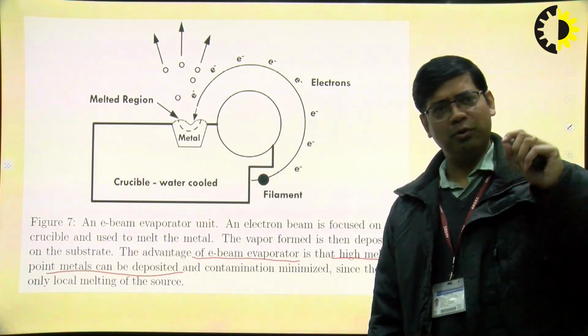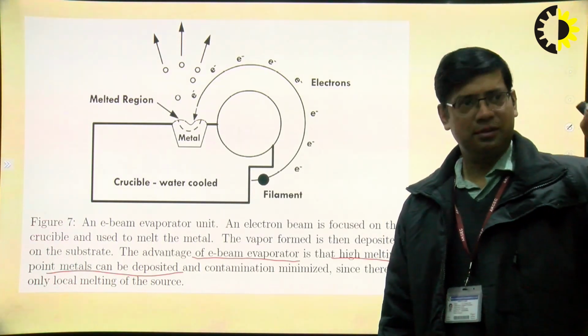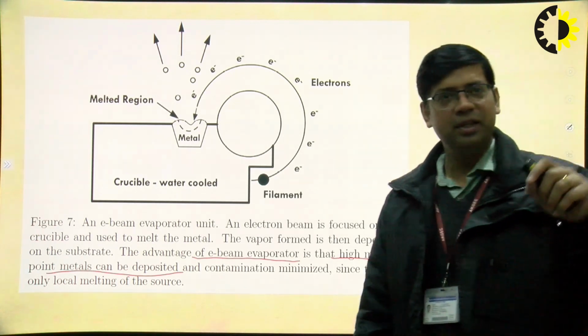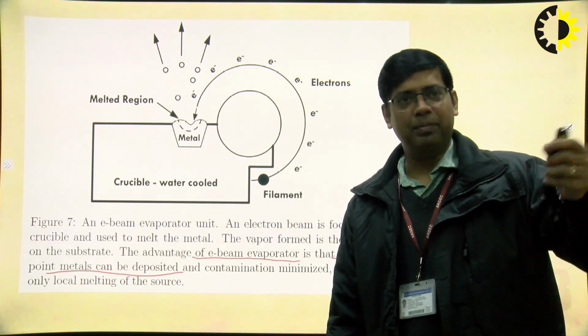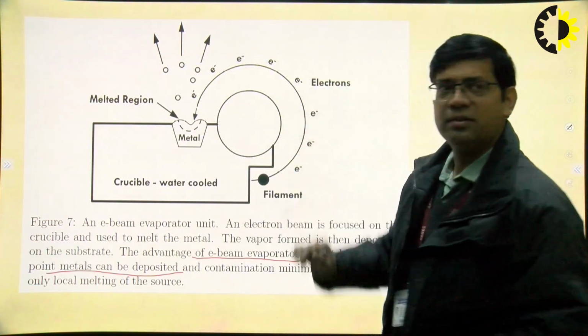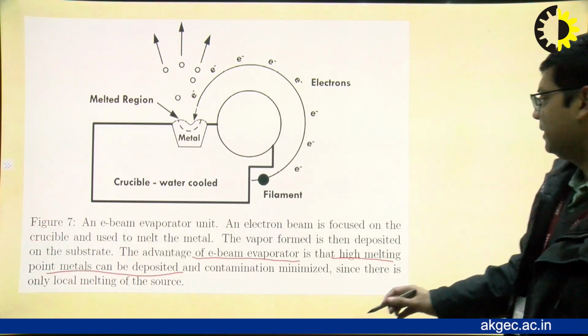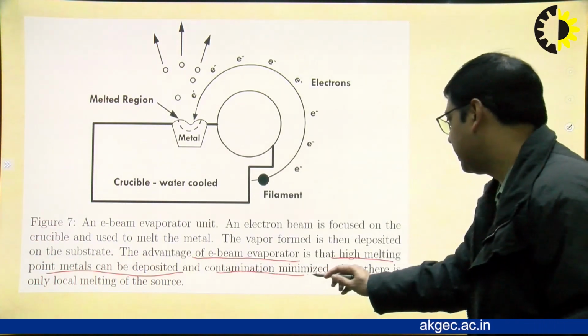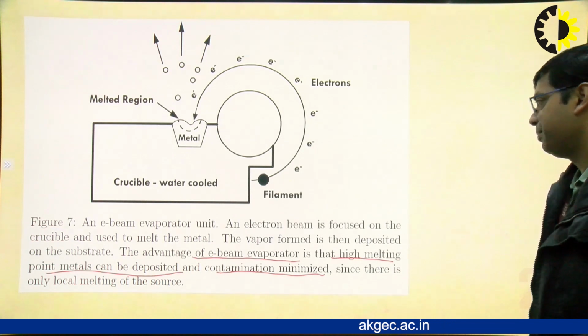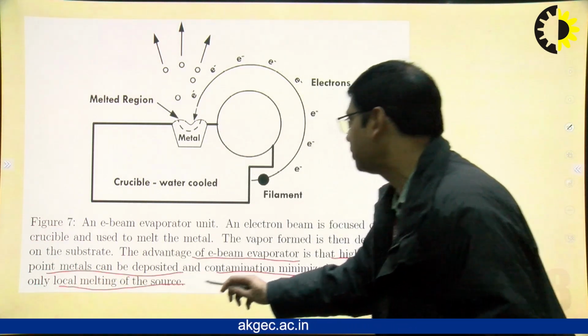Also, with the help of electron bombardment, the solid metal can be converted into vapor or gaseous form, and those vapors are taken to the silicon substrate for deposition. And here another important advantage is the contamination is minimum, because there is only local melting of the source.